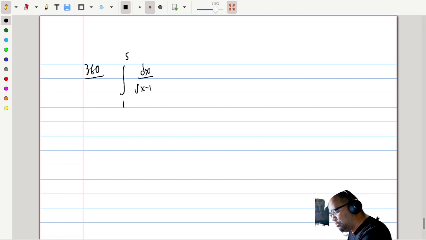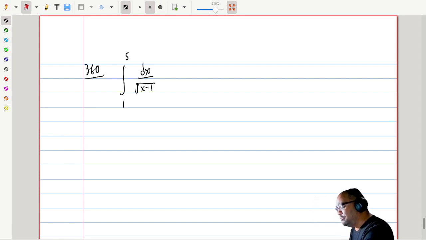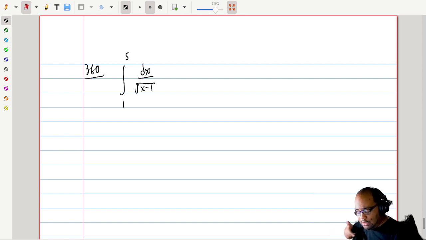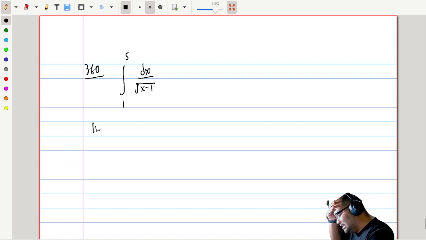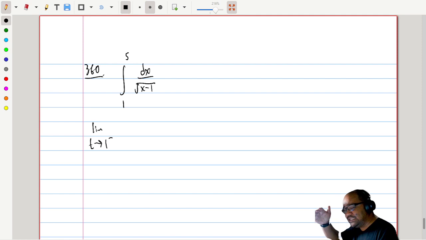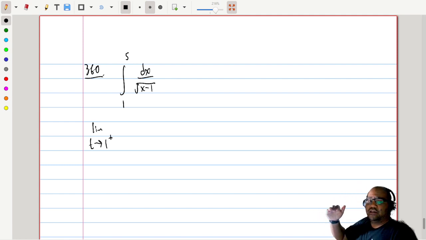Now, notice the problem here. The problem here is that if x equals 1, my denominator is 0, so I have a discontinuity. I have an asymptote there if I were to graph this. I'm not going to. So I need to pass this as a one-sided limit. This is going to be a limit as t approaches 1 plus, sorry, because I'm integrating to the right of 1, which is where my discontinuity is.